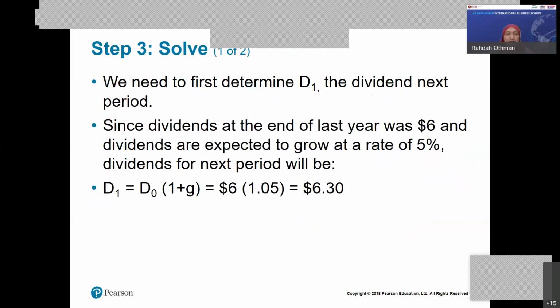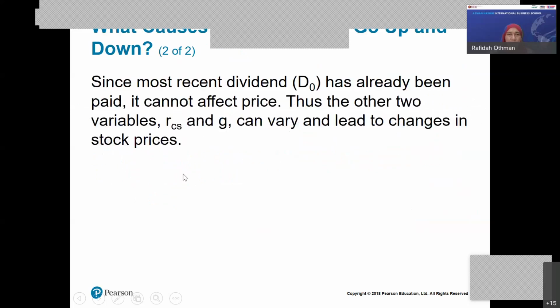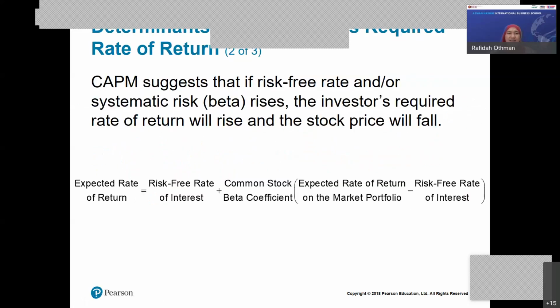So this is how they show you how to find the value of common stock. And this is the expected return for common stock: the risk-free rate RF plus beta for common stock times the expected return for market minus RF.